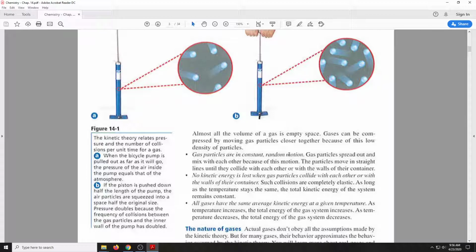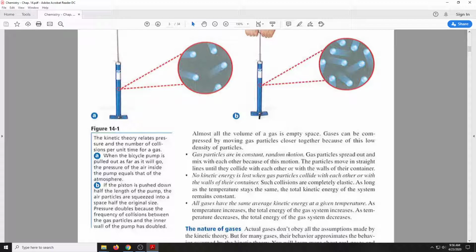As long as the temperature stays the same, the total kinetic energy of the system is going to stay the same as well. So no energy is just going to be lost like in the real world. And then we're going to say that all gases have the same average kinetic energy at a given temperature. So we're just saying all gases, regardless of what they're made of, are going to have the same kinetic energy if they're at the same temperature. Not technically true.